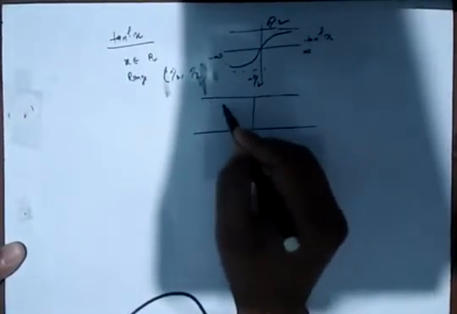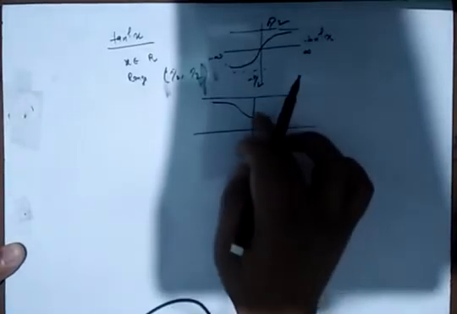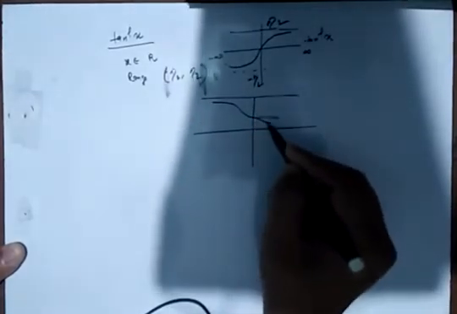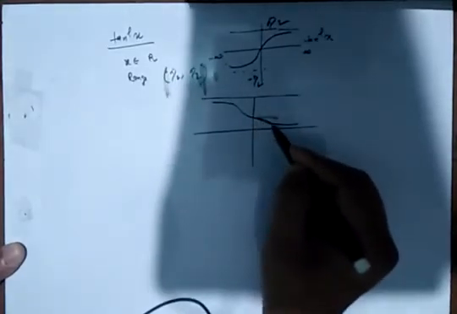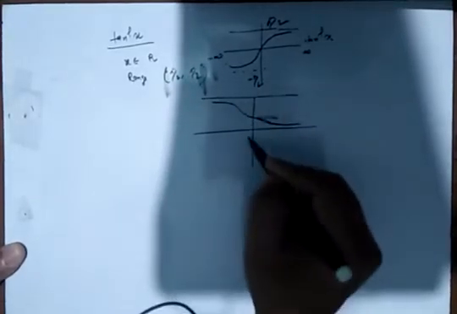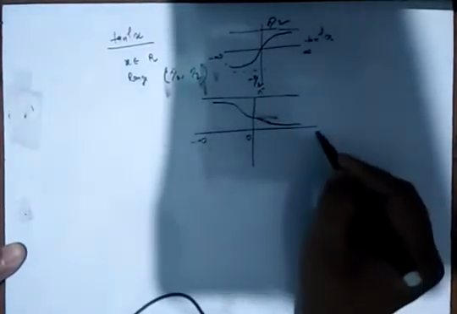See. Similarly, you can draw cot inverse x. This is the cot inverse x. You can draw these curves like this. Okay. So the range is 0 to pi and the domain is minus infinity to infinity.